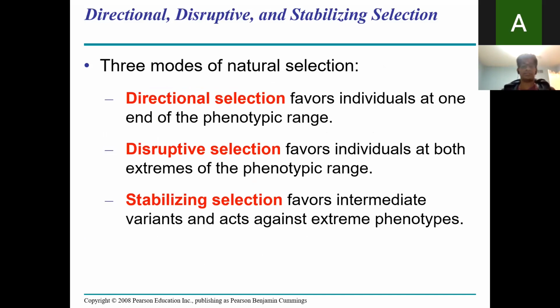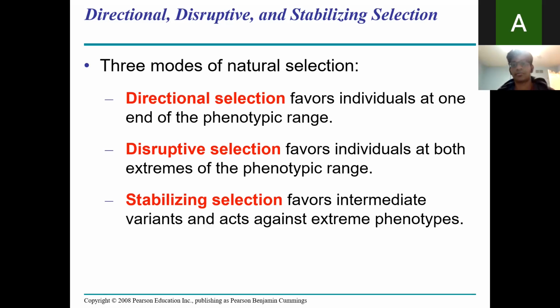Three modes of natural selection: directional selection, disruptive selection, stabilizing selection. This is kind of important to know if you want to take the AP Biology test. You can use logic to figure this out, but there are three things that can happen. With directional selection, one trait is better, so you go towards it.